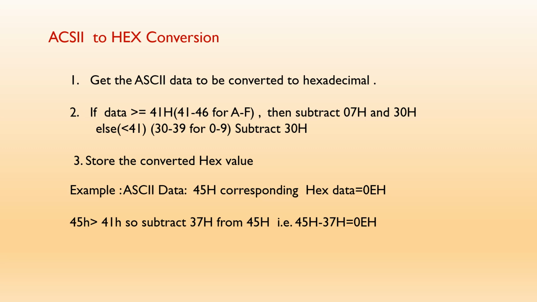So if the data is greater than or equal to 41H, we'll subtract 37 from it. If the data is less than 41, we'll subtract 30 from it, and then store the converted hex value.